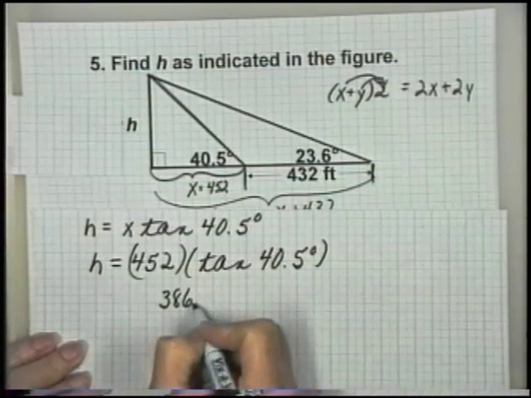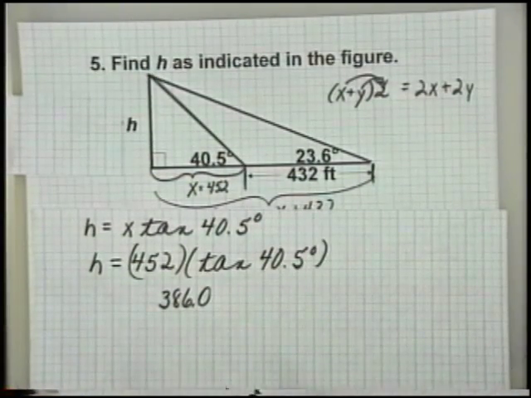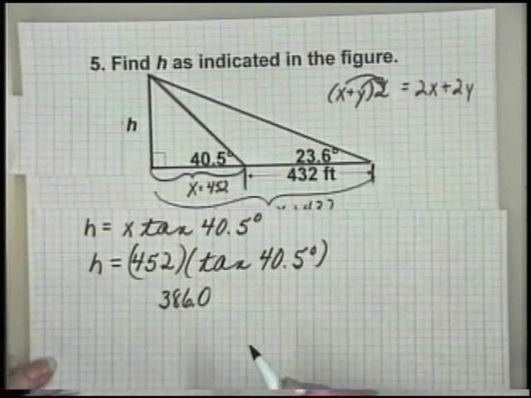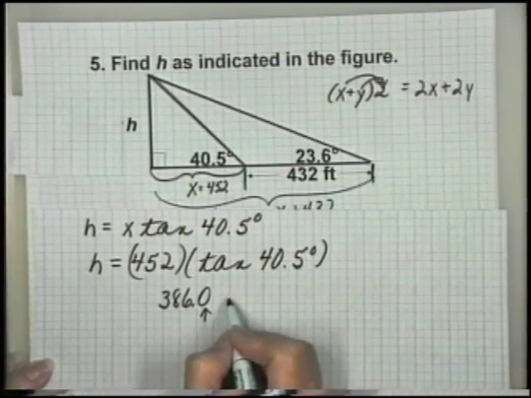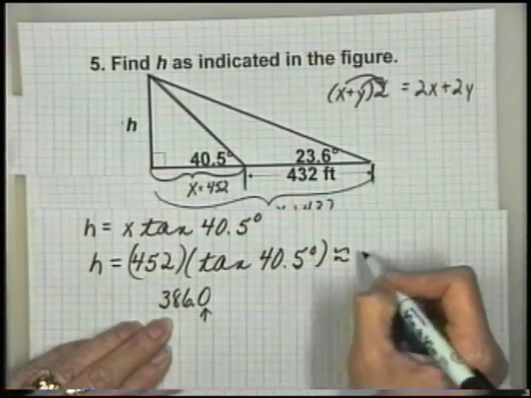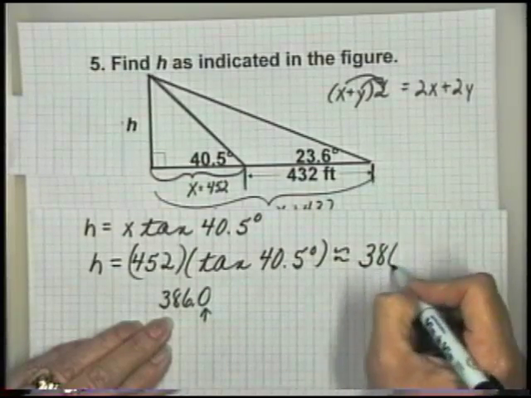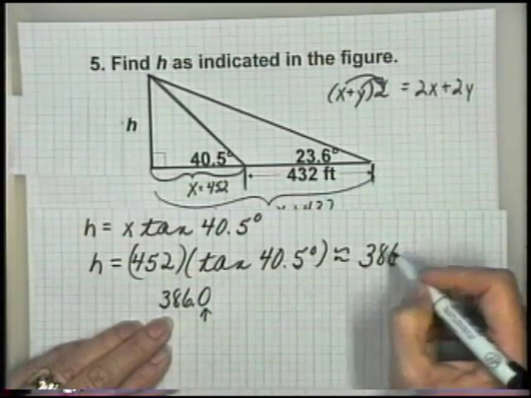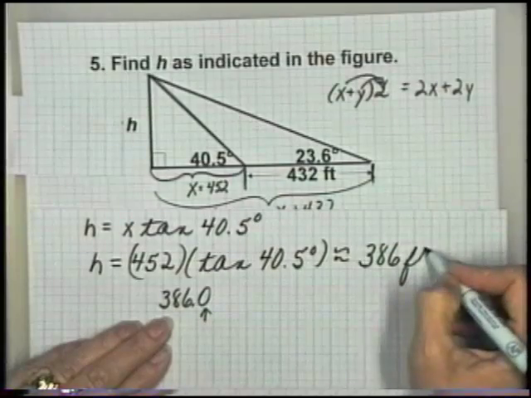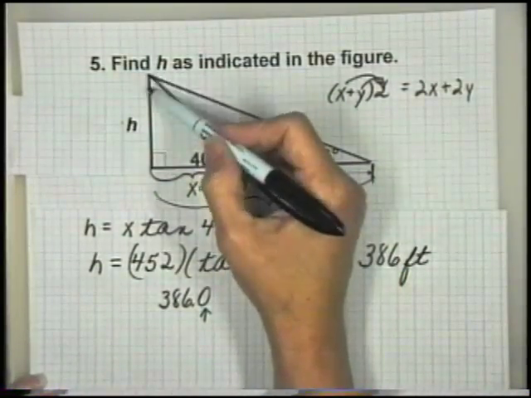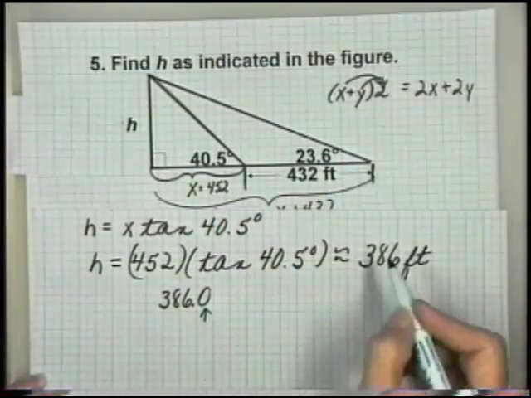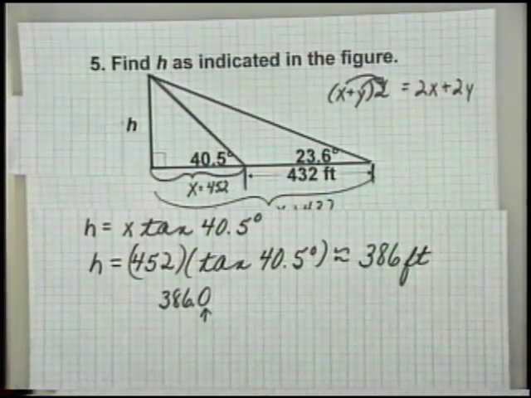When I calculate that, I get 386.04444698. Rounding to 3 significant digits, since that's a 0, I just drop it off, and I'll have that h is 386 feet. So this distance from here to here measures 386 feet.